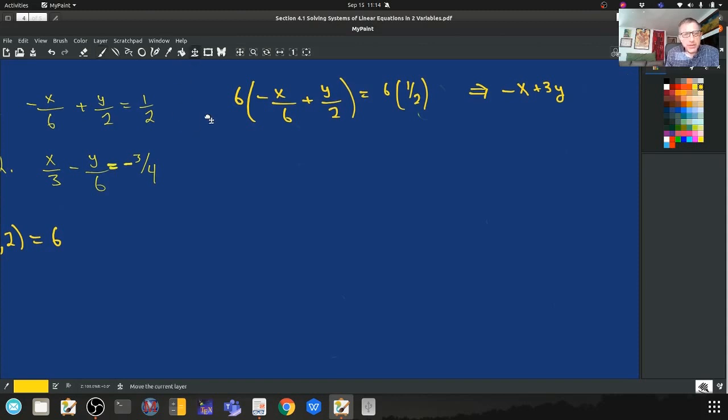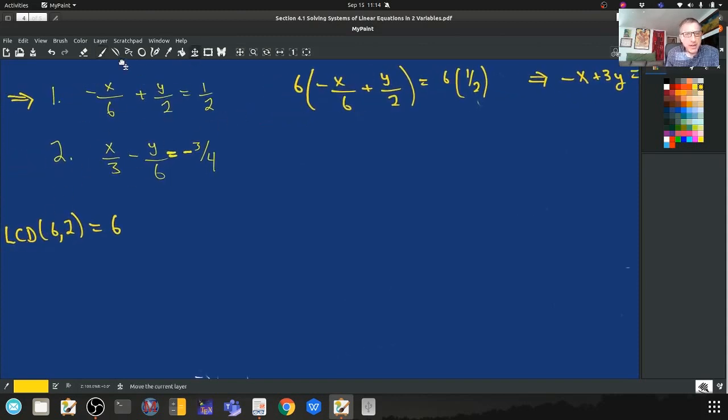Down here, for the next one, I have to find the LCD of three numbers, 3, 6, and 4. And the answer to that is 12. Why?